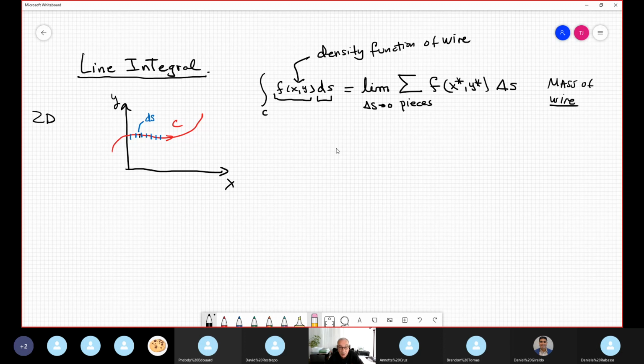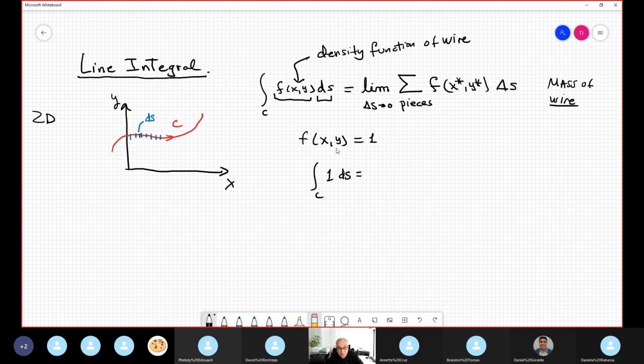But I have more. Suppose that the function is 1. Remember, when it's 1, it changes completely the dimension. Entonces, if the density function is 1, entonces we have 1 ds. Bueno, entonces it stays the same idea as the mass of the wire, but under the supposition that the density is constant, it's 1, it's unit.